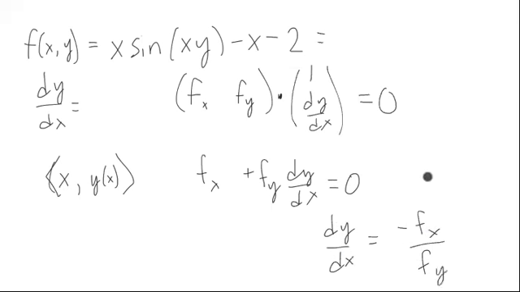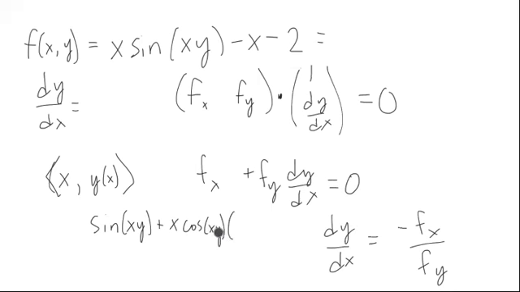Okay, so then we just have to compute what fx is. So partial with respect to x. Well, we have a little product rule in there. So we get sine xy, because the derivative of x is 1, and then you have to take the derivative of sine xy. The derivative of sine of xy is x times cosine of xy, but then you have to take the derivative of xy, and we're taking the derivative with respect to x.